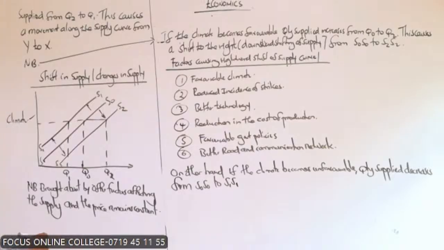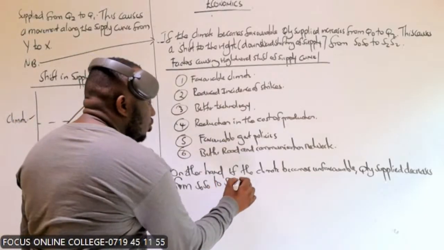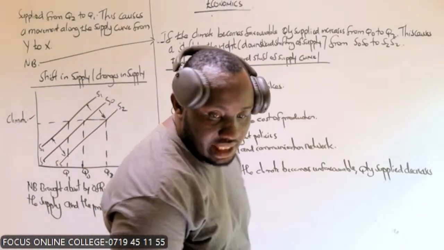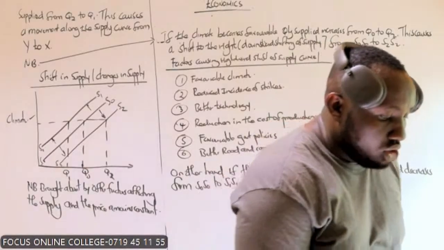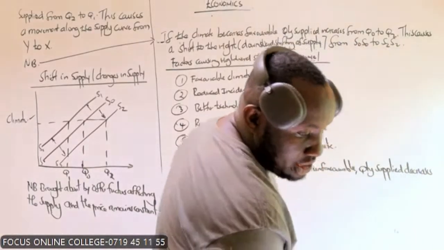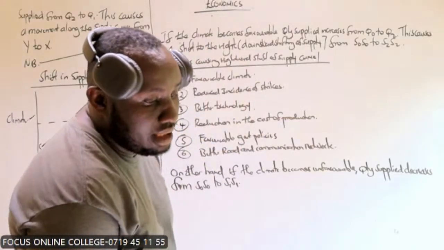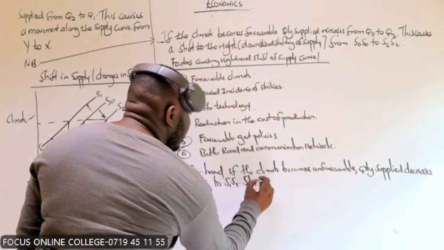Quantity supplied decreases from S0 to S1. So this is what's called shifting to the left.